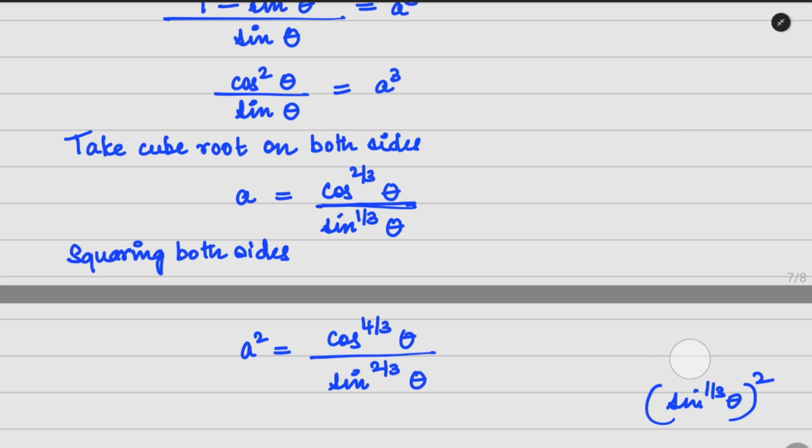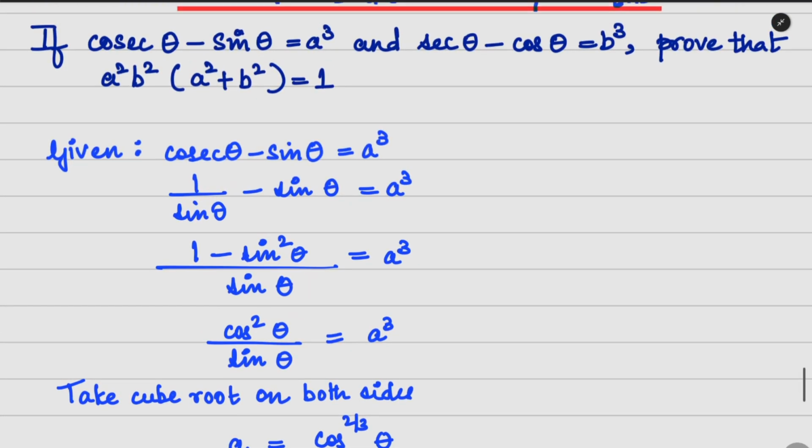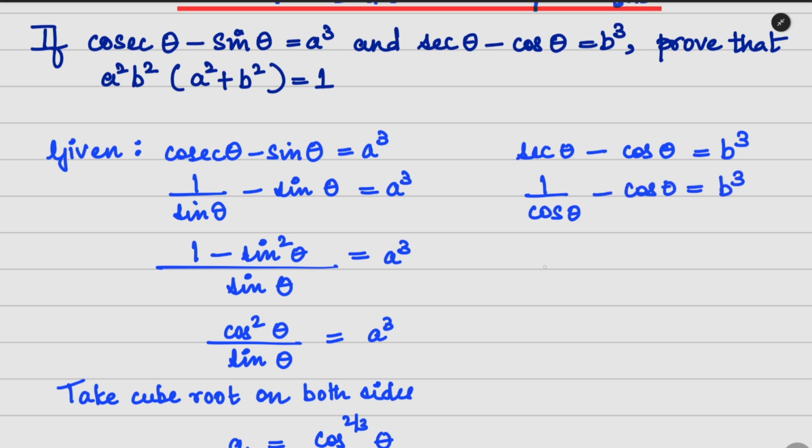In a very similar way, let's calculate what is b square. I'm going to do it adjacent here itself. So you are given sec theta minus cos theta equal to b cube. Sec theta is nothing but 1 over cos theta minus cos theta equal to b cube. Again take the LCM, cos theta, so you'll have 1 minus cos square theta equal to b cube.